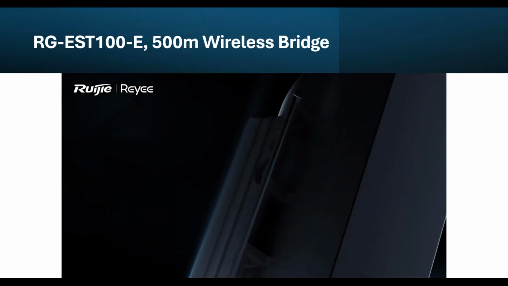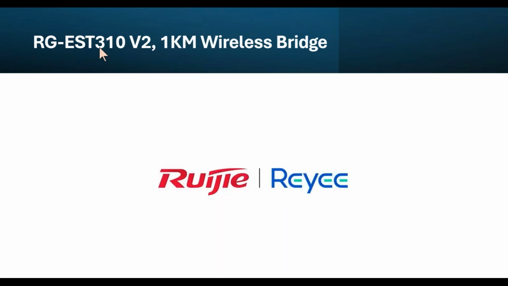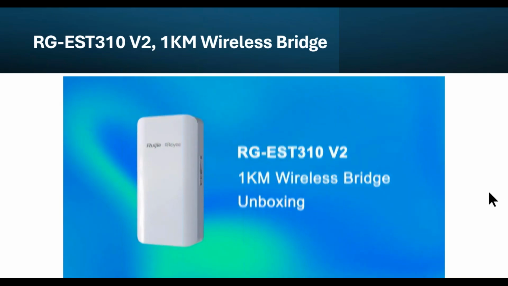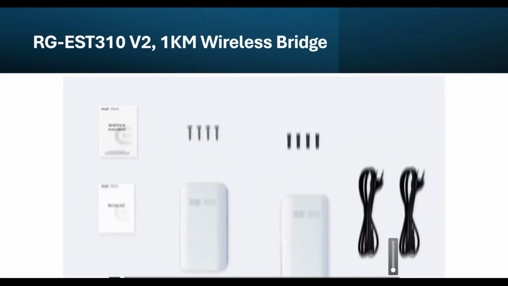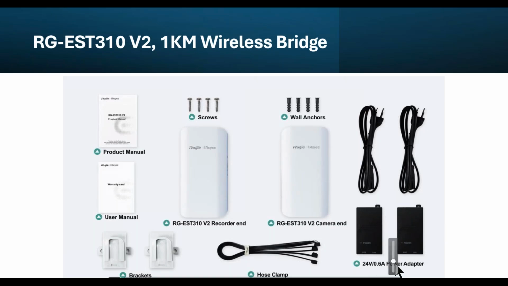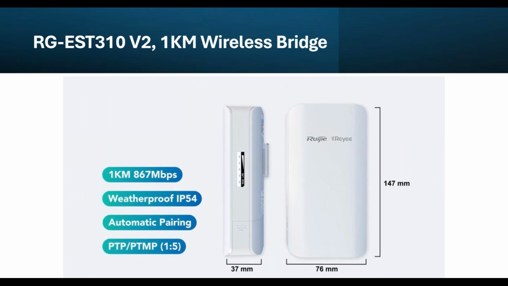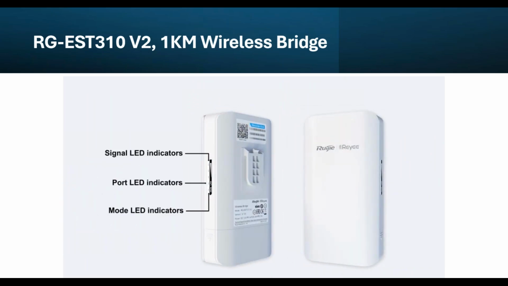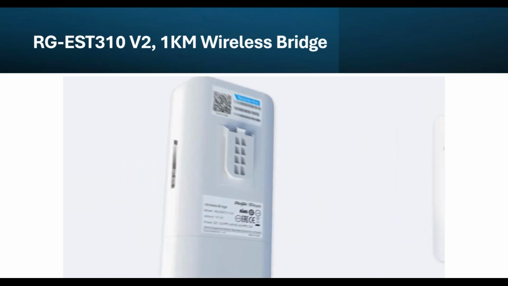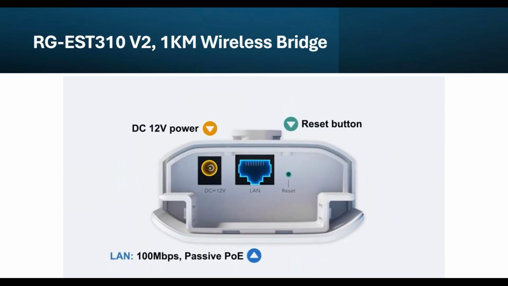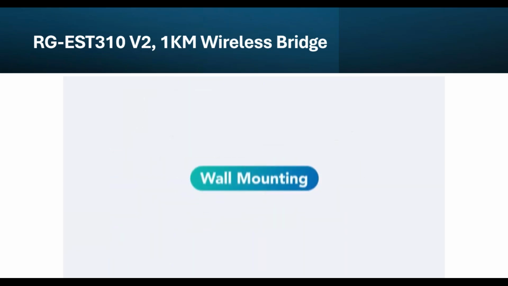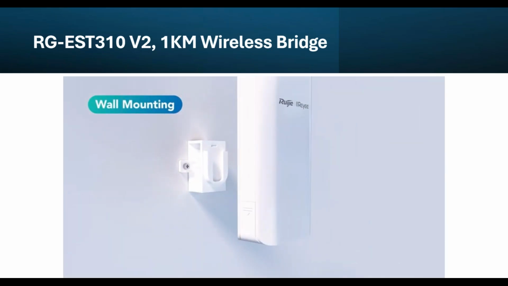Let's see the other option, the RG-EST310-B2, designed for 1 kilometer wireless bridges. Let's see this quick review, this unboxing. It has facility support and wall mounting.